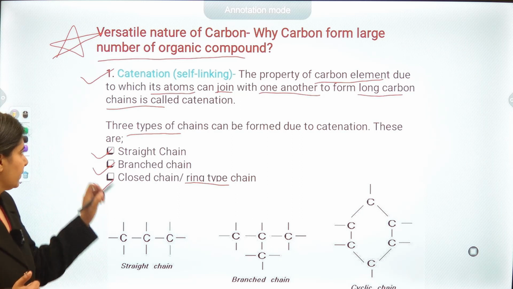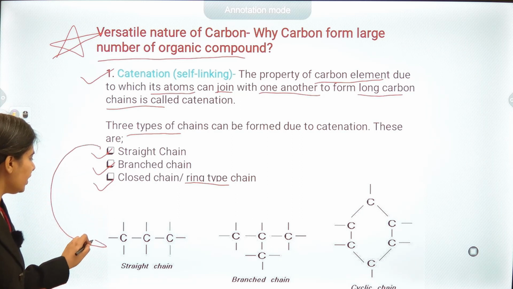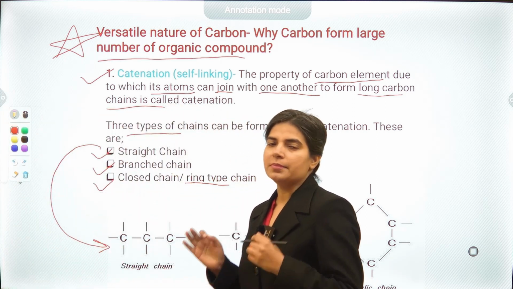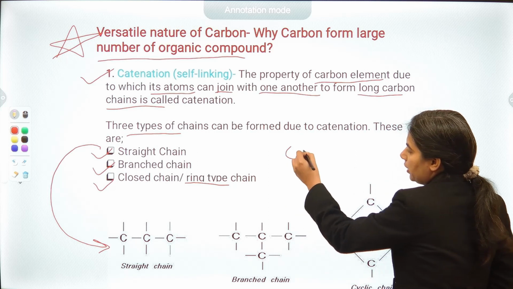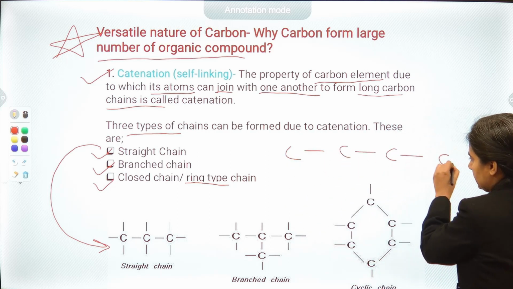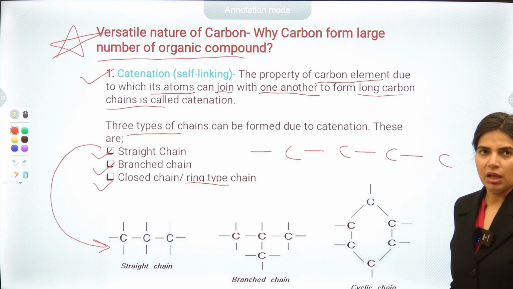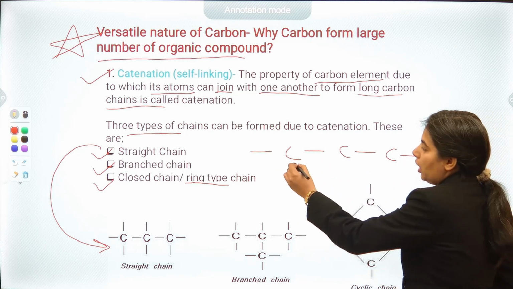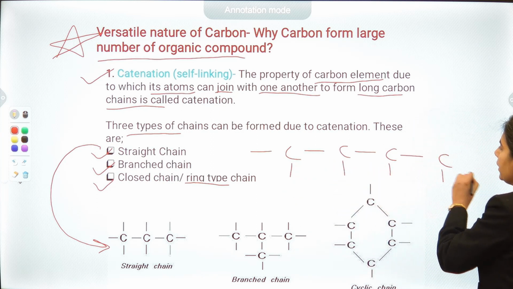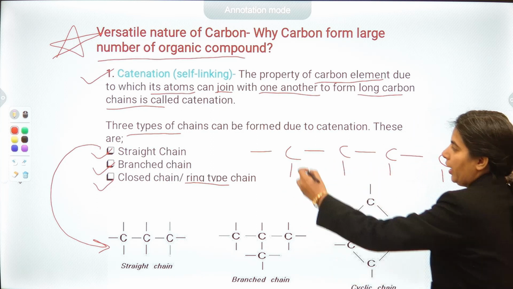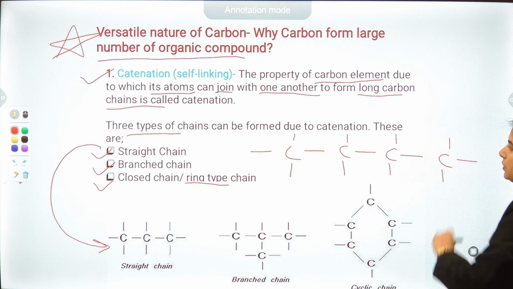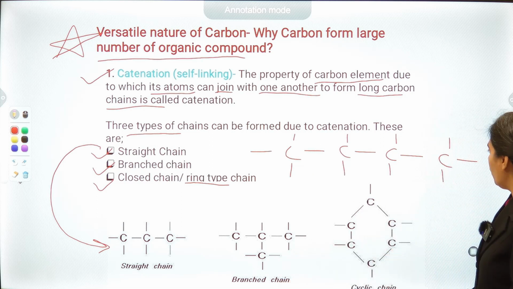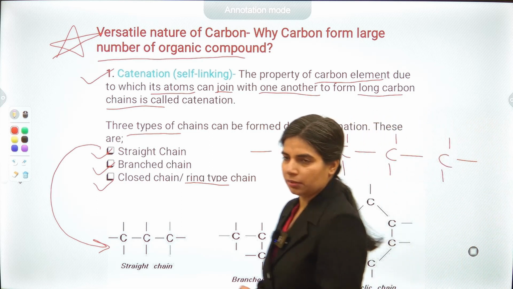In a straight chain, all the carbon atoms are linked in a straight fashion. This is the straight chain of carbon atoms where a number of carbon atoms are linked with each other and completing their valency.